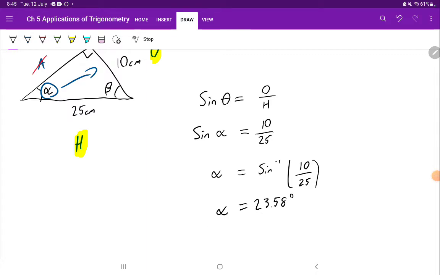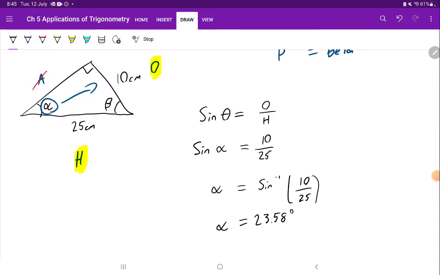Now I want to find beta. How can I find beta? Well, from beta's perspective, this is the adjacent and this is still the hypotenuse. But wait, why would I bother doing that? That seems like a lot of work.